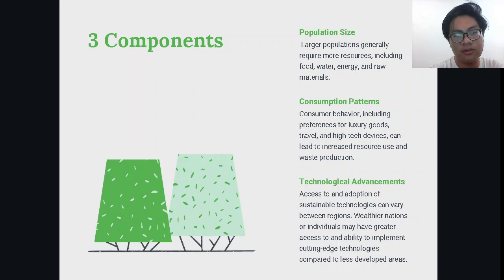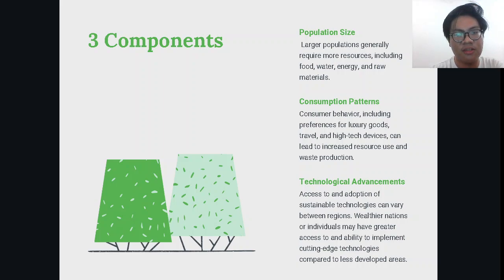As the population grows, the total ecological footprint increases due to higher overall consumption. And also, a large population produces more waste, including carbon dioxide emissions and other pollutants, which can exceed the capacity of ecosystems to absorb and process this waste.